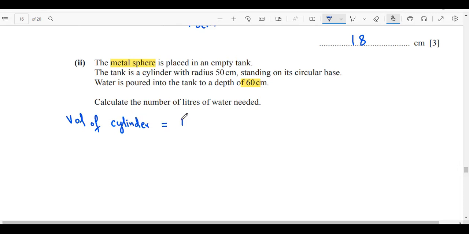It would be pi. Very good. Pi r squared h. Okay, h is 60, r is 50. So let's do it. Pi multiplied by 50 squared multiplied by 60. Please find the value and tell me the answer.